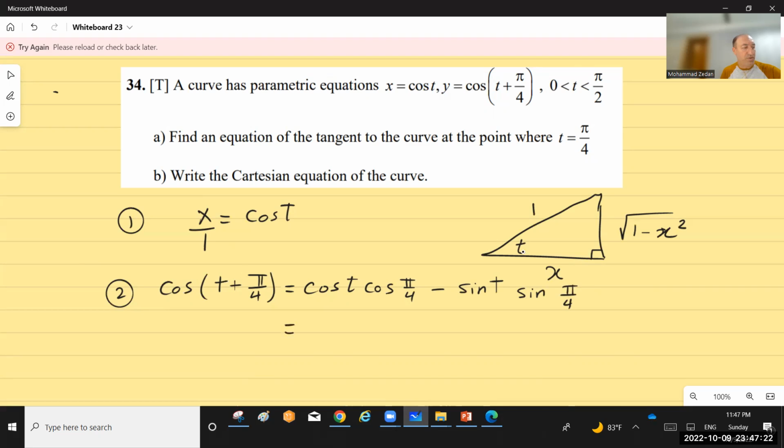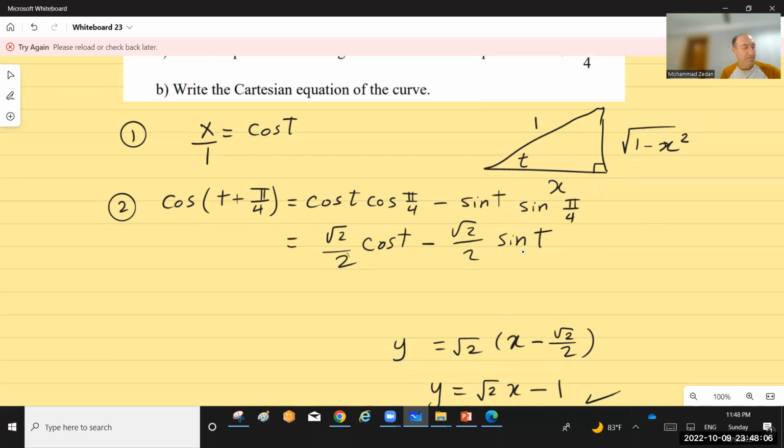Cosine pi over 4 is radical 2 over 2, so this is radical 2 over 2 cosine t minus also radical 2 over 2 sine t. This is really the y value.